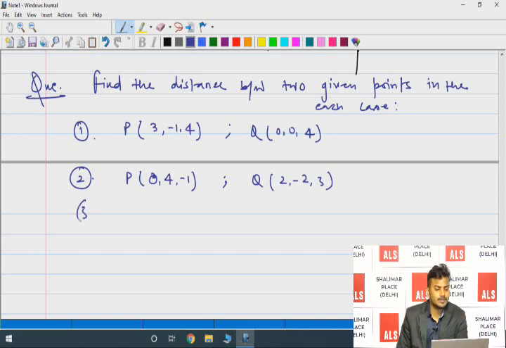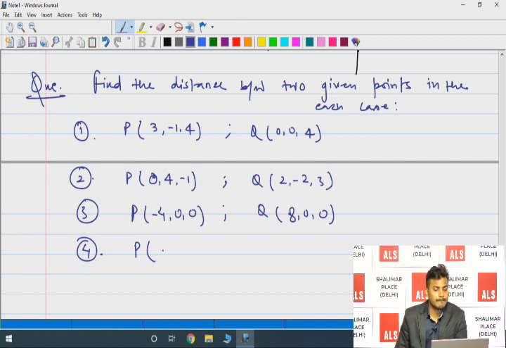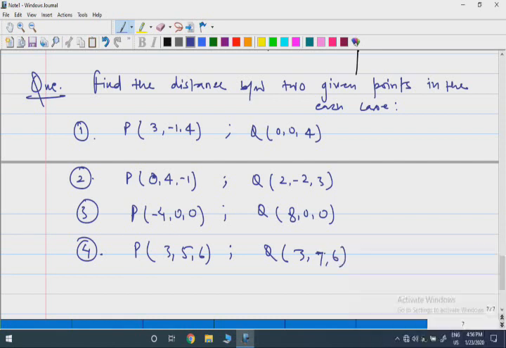Third one is, fourth is. One, 2, 3 and 4. There are a total of 4 cases. Find out the distances between P and Q.